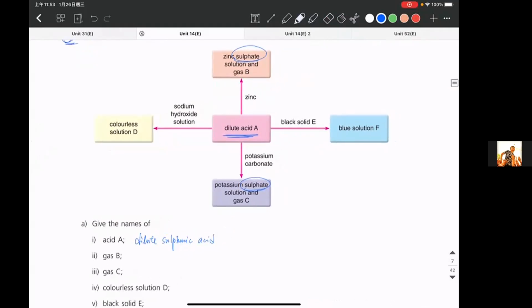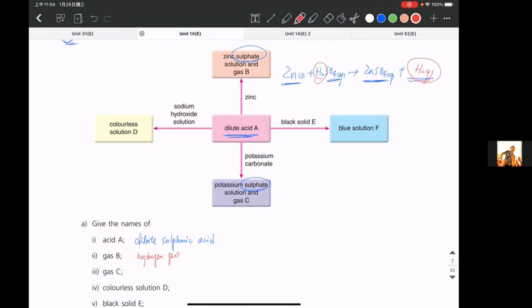Now I can give you a hint, right? So zinc plus H2SO4 (aq). So the salt formed is zinc sulfate. So what is left behind? Hydrogen. Yep, hydrogen. So this is the way to tackle the issue, right? Can you see that? So this is hydrogen gas. So the way to solve is by writing the equations, and this will help you figure out what it is.